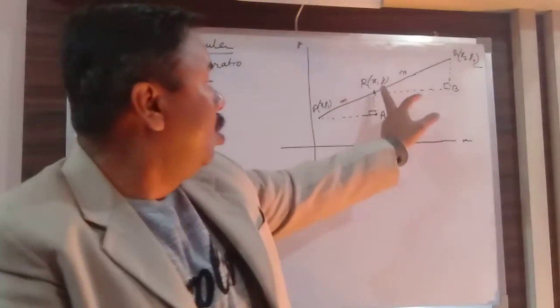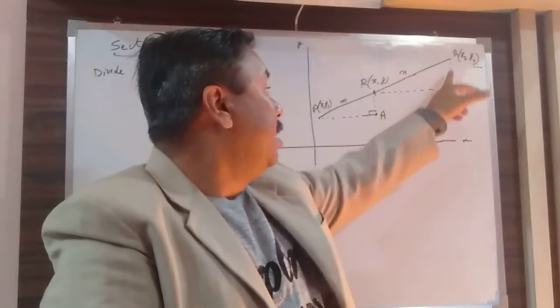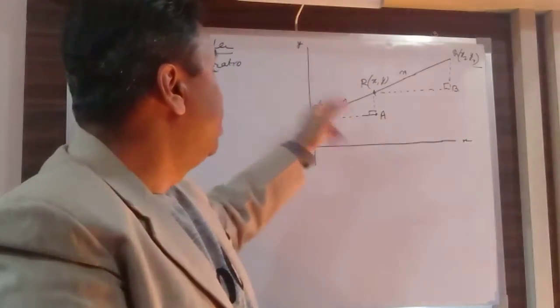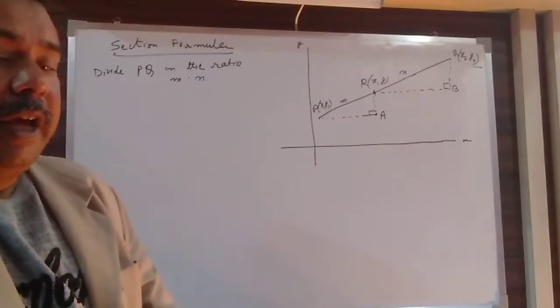Similarly, here RB is parallel to the x-axis and QB is parallel to the y-axis. Obviously, these angles will be right angles.